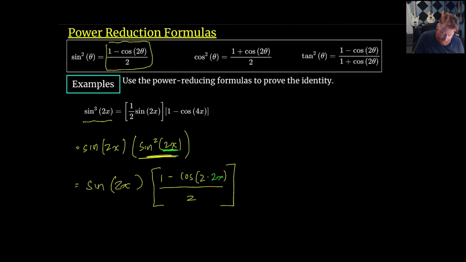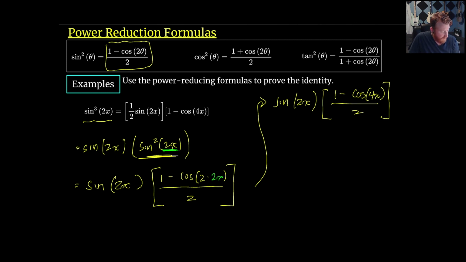Now as I rearrange things a little bit, I think we're pretty close here. I'm going to have sine of 2x times 1 minus cosine of 4x all over 2.